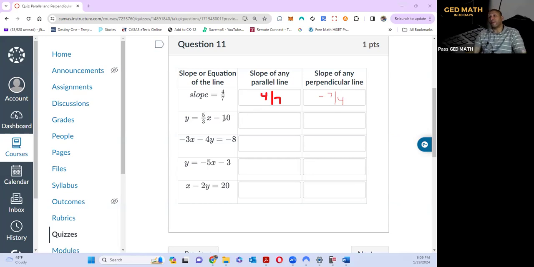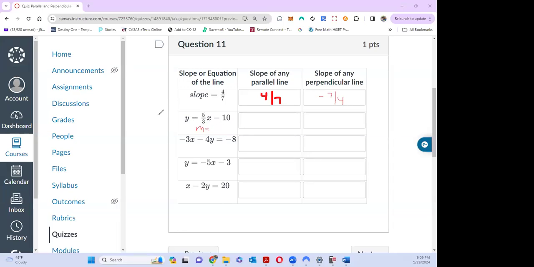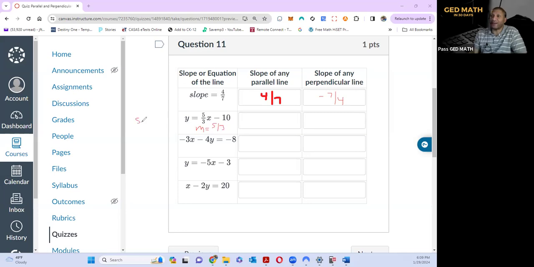In the first one, I just gave you the slope. In the second one, I gave you an equation. So first of all, what is the slope of this second equation? 5/3. Because you have to identify this as slope intercept form.